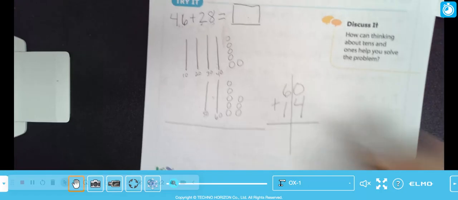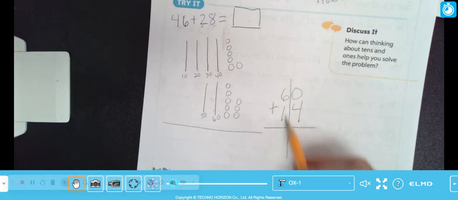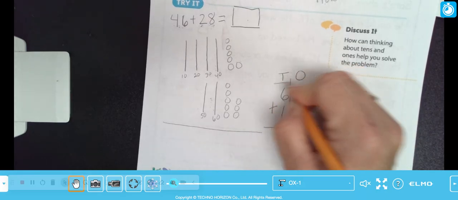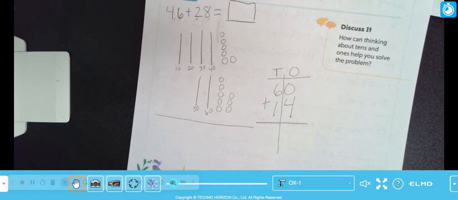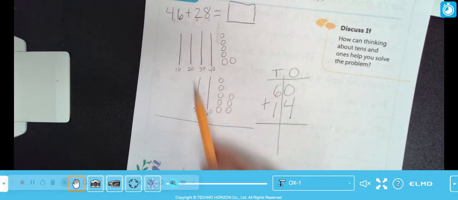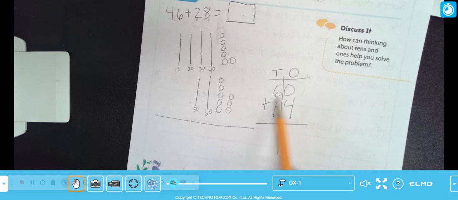Let's draw a line down the middle. So now we have the tens on this side and the ones on this side. Tens and ones. Okay, are we ready to add them up? These are the tens, the 60. And these right here, these are the 14 ones.